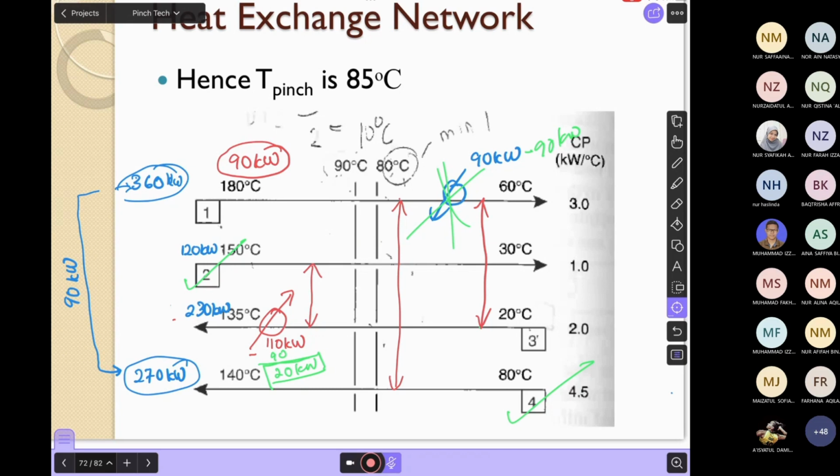Nampak tak? How you save the energy. How you conserve the energy. How you exchange the energy.